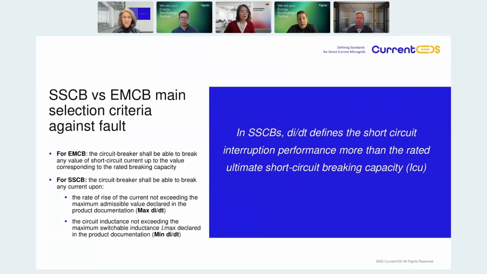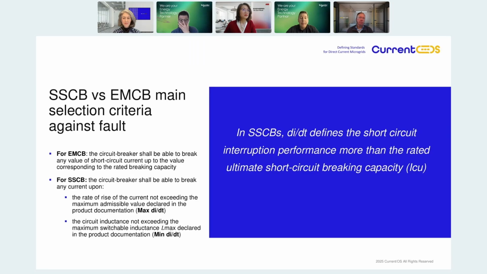If we have a solid-state circuit breaker, we don't have to select according to the maximum current which is expected in our system, but we have to take care of the derivative of the current because of the very, very fast interruption time of the solid state.